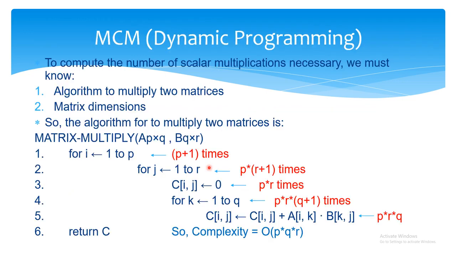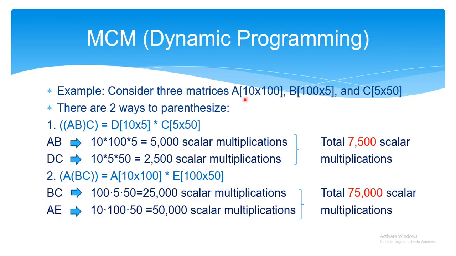Say you have three matrices, matrix A, matrix B, matrix C. Matrix A has dimension 10 cross 100, matrix B has dimension 100 cross 5, matrix C has dimension 5 cross 50. If there are three matrices, there are two possible ways in which we can multiply them. I can multiply A with B first, then with C, or I can multiply B with C and the resulting matrix will be multiplied with A.